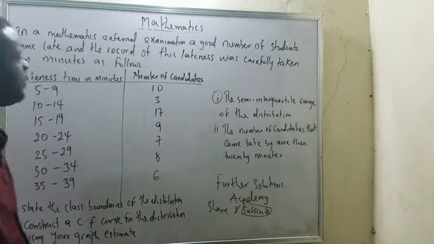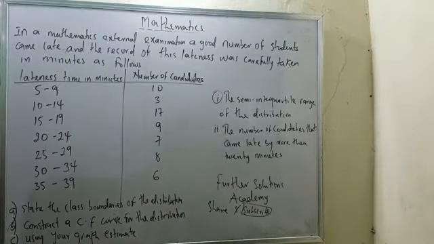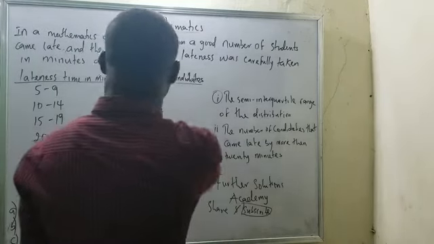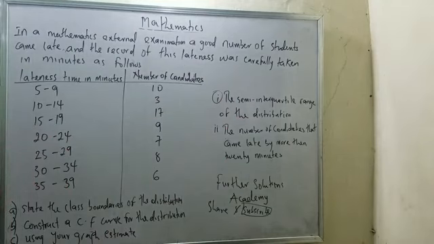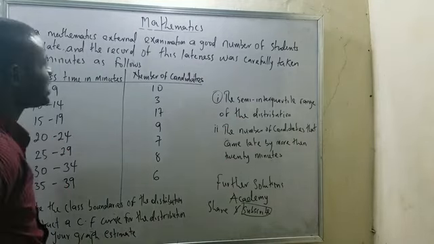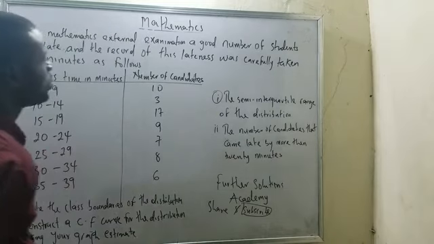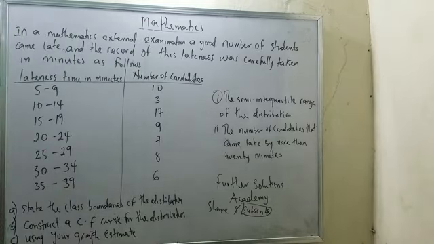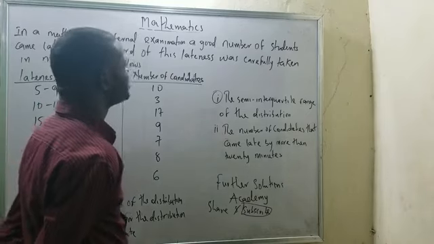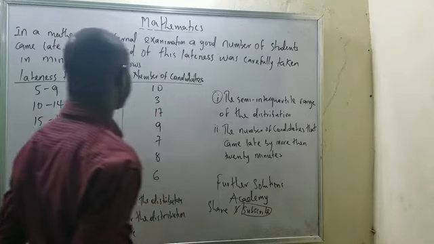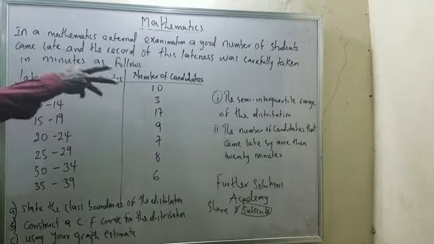Okay, now I have this question to work on. Don't forget, this is a question that's being sent and is under statistics. In a mathematics external examination, a good number of students came late, and the record of this lateness was carefully taken in minutes as follows.